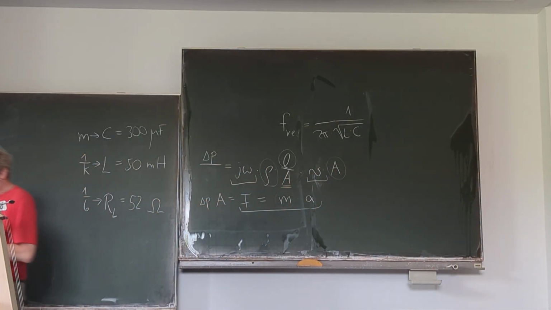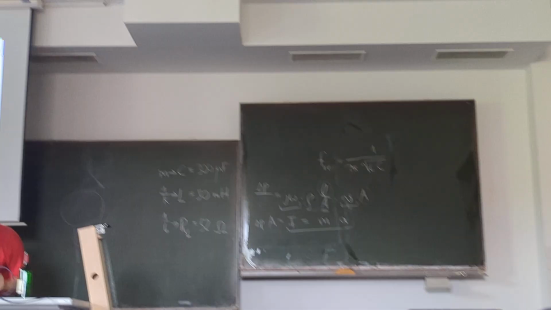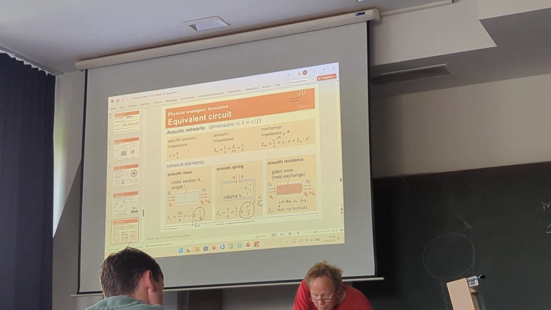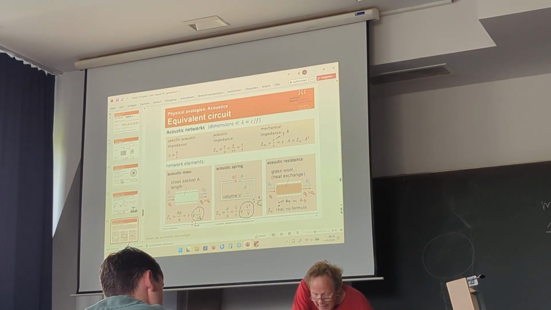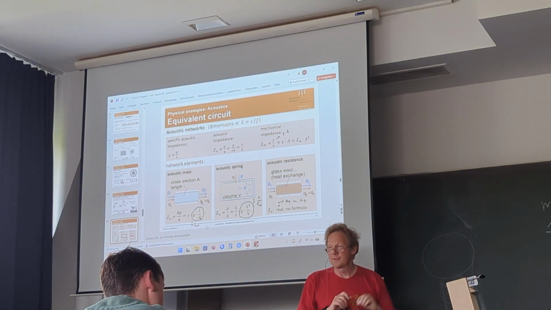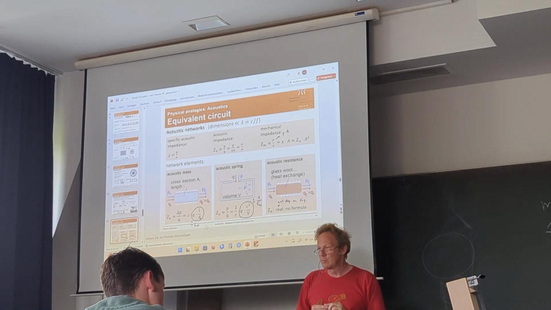We didn't talk about that, but that is behind here. Okay, but actually we do not need the values for rho times L divided by A, because that's the inductivity, which we then need for our resonance. That was the starting point, resonance.